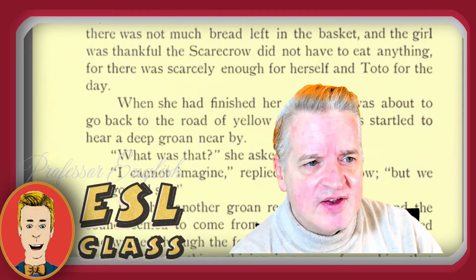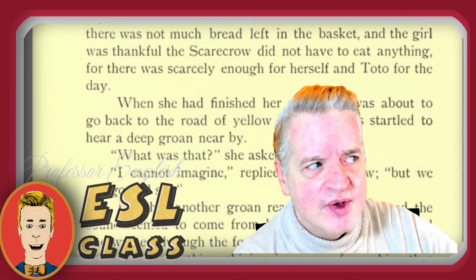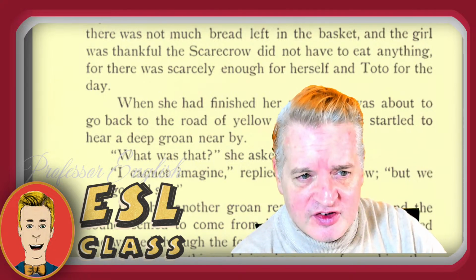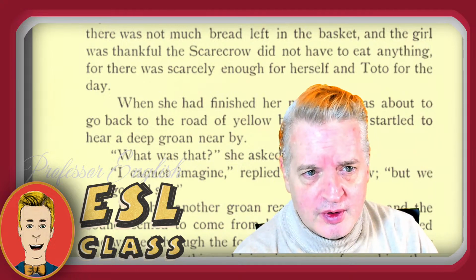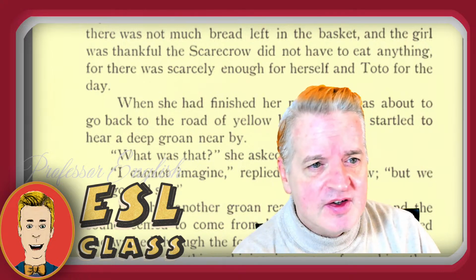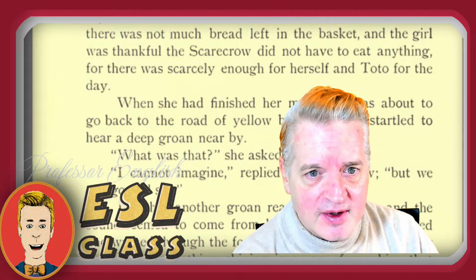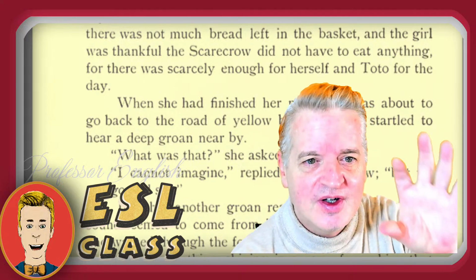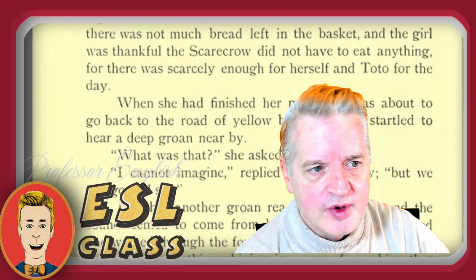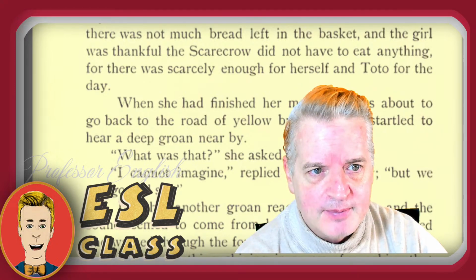So when they say there was scarcely enough to eat, that means there really wasn't a sufficient amount of food for her and Toto. Let's read that again. The Scarecrow did not have to eat anything, and that was good because there was scarcely enough for herself and Toto for the day.